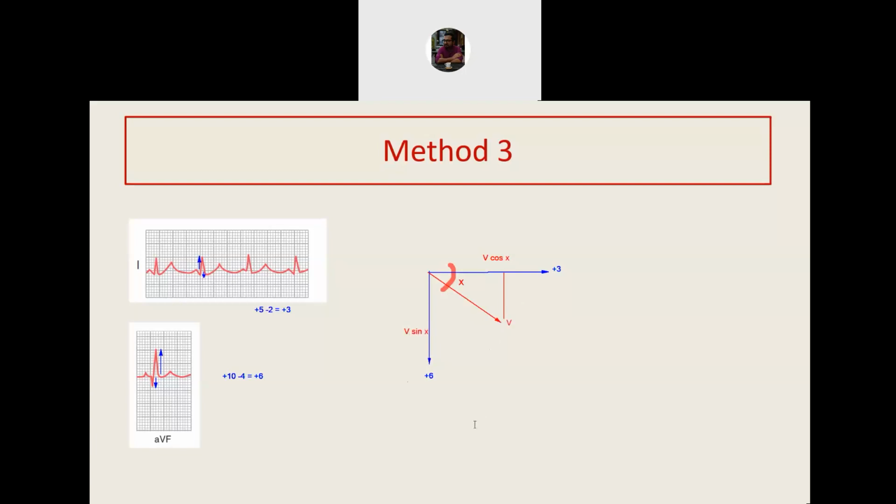Now, if the value of AVF is divided by the value of lead 1, that will be equal to v sin x by v cos x, that comes to tan x. So x must be equal to tan inverse or arctan of AVF by lead 1.